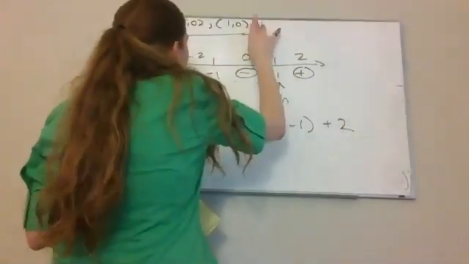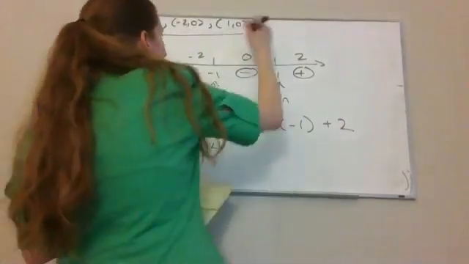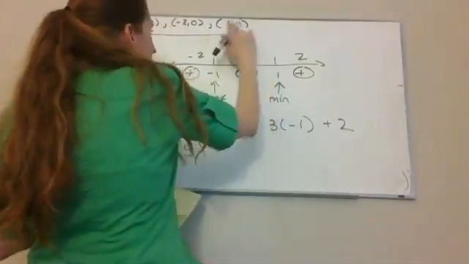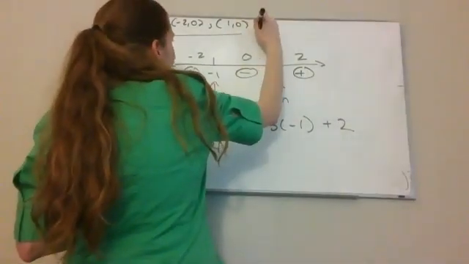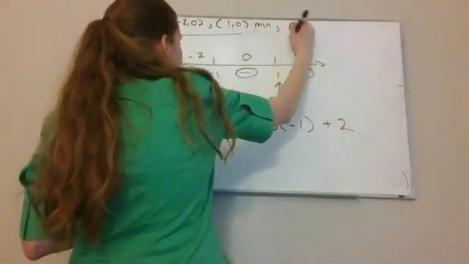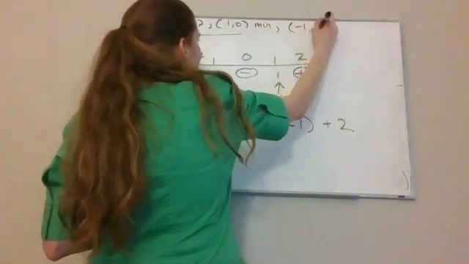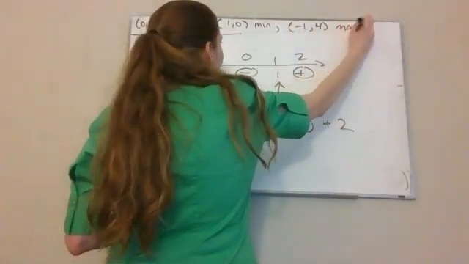So these were all my intercepts. I now also know that this one, 1, 0, is a min. And I have another point in my graph, -1, 4, which is a max.